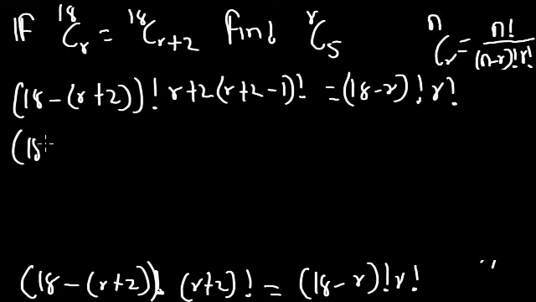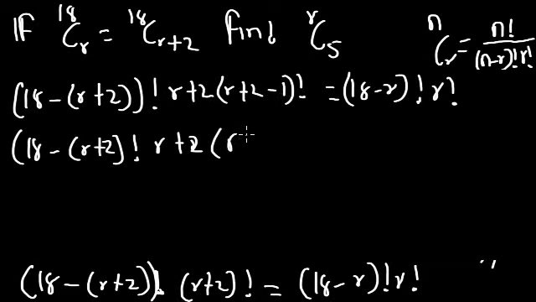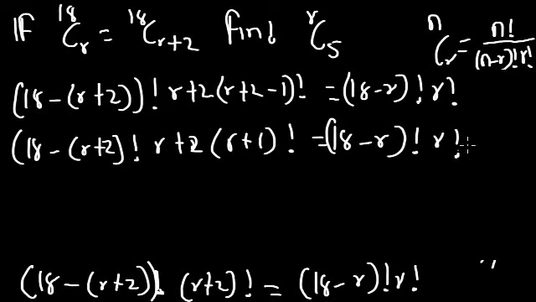So let me continue. 18 minus r plus 2 factorial, then multiplied by r plus 2. Now, I will reduce another one again. Okay, let me rewrite it so it won't be confusing. So the leftover is r plus 1 because this will reduce this a little bit, and the factorial equals 18 minus r factorial, r factorial.